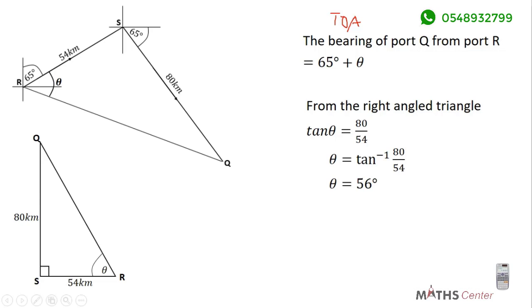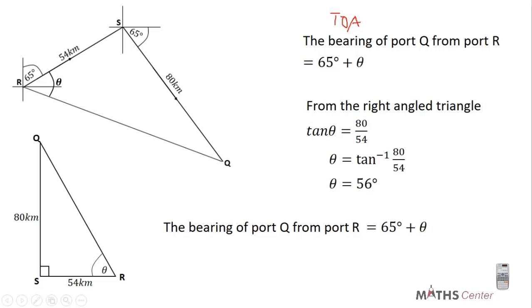As I said, if you want to learn how to do this, watch the video on approximations. I explain that in detail. So leaving our answer in one decimal place, you are going to have 56 degrees or 56.0 degrees, which is the same thing. So we have found theta.